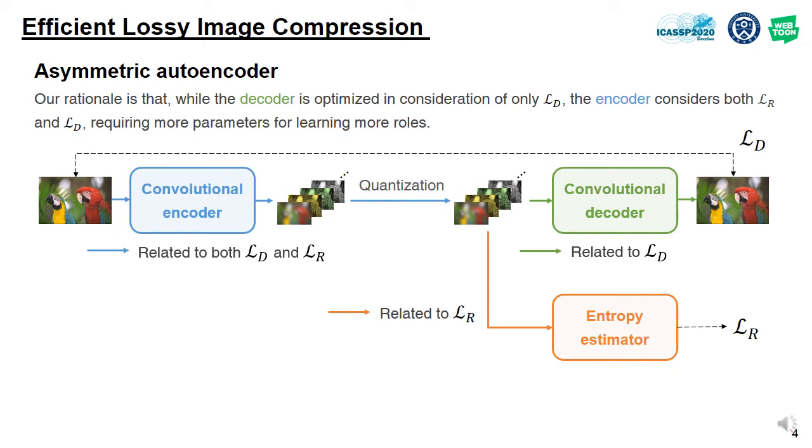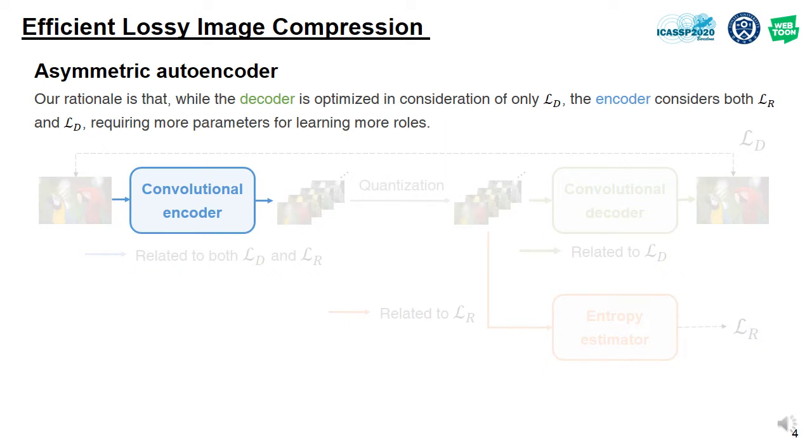First, we propose an asymmetric autoencoder. Our rationale is that while the decoder is optimized in consideration of only LD, the encoder considers both LR and LD, which is requiring more parameters for running more roles.